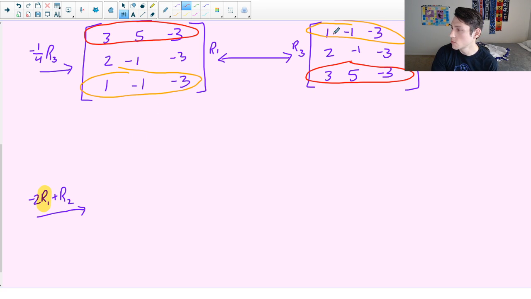So row 1 stays 1, -1, -3. This does not even list row 3, so I'm going to put row 3 in here as well, because that also just stays the same: 3, 5, -3.